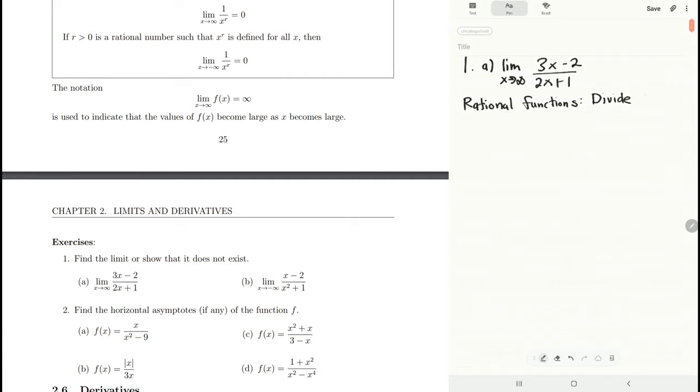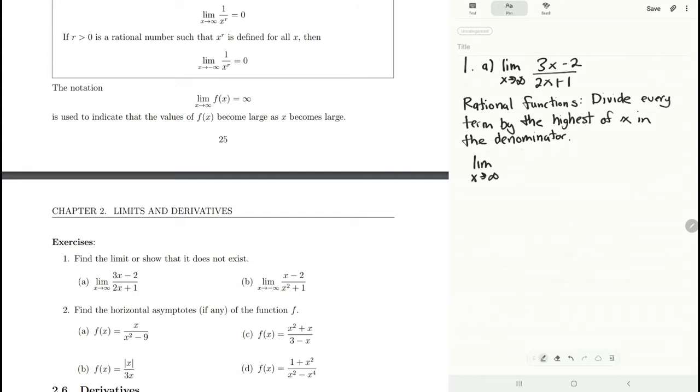To deal with rational functions, we're going to divide every term by the highest power of x in the denominator. So since our highest power of x in the denominator is x, we will divide every single term by x.